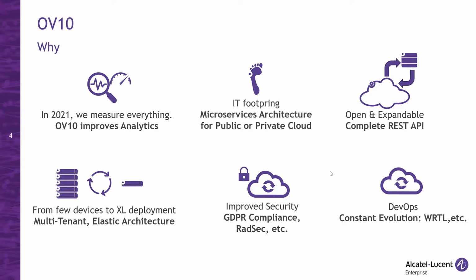With our architecture, which is naturally multi-tenant, a service provider may consider supporting thousands of customers, and each customer with any size. Some customers may be very low in size with 2 APs only, and some of the customers may be a government institution with thousands of APs or hundreds of thousands of APs. It doesn't matter. Thanks to the microservices architecture, we will be able to scale from very low end to XL.